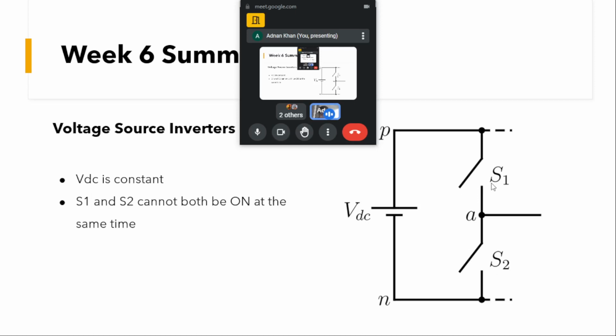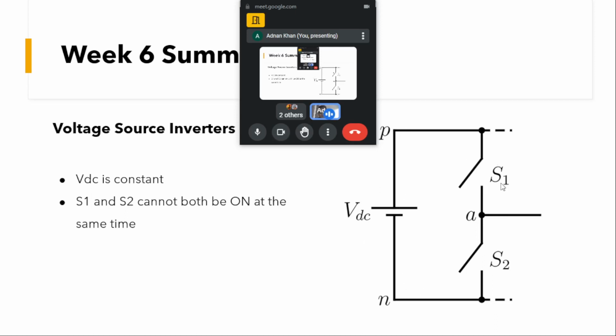When S1 is turned on, you can see that this point P will be connected to point A. The point P is connected to the positive rail of this DC bus, so the voltage between A and N will be equal to VDC.